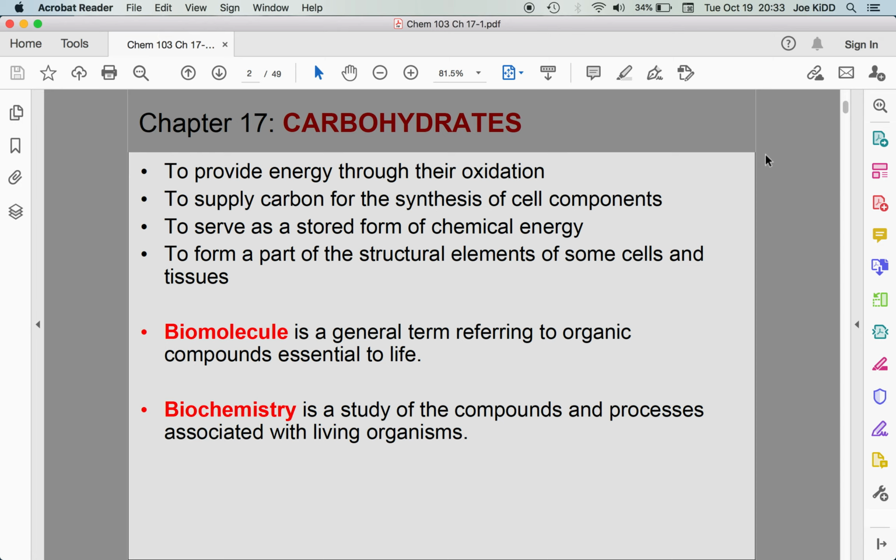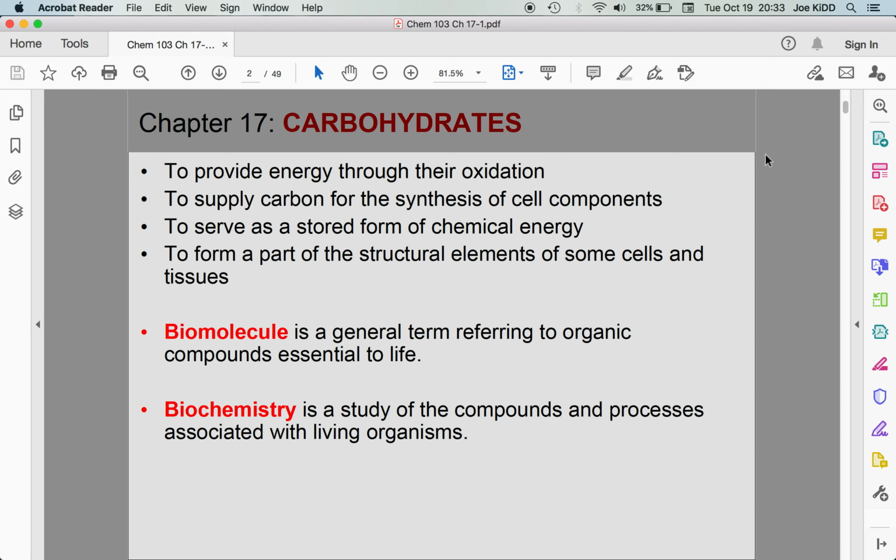Just a little bit of background in terms of what carbohydrates are. In a biological system, like ourselves, they provide energy through the oxidation of the carbohydrates themselves. If you remember, oxidation is loss of electrons, so this is redox chemistry.